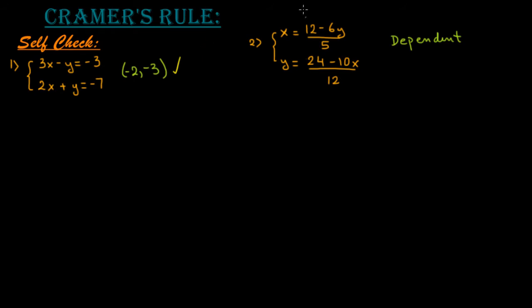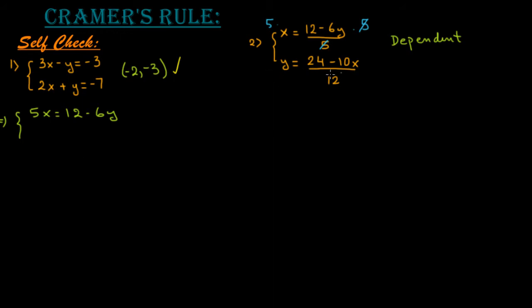Now let's go over problem 2. So we have two equations with fractions. To get rid of the fraction in the first one, we will multiply both sides by 5, so that we can cross out the bottom. That will give me 5x equal to 12 minus 6y.